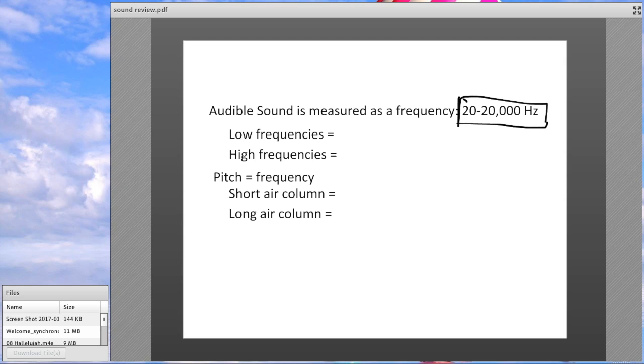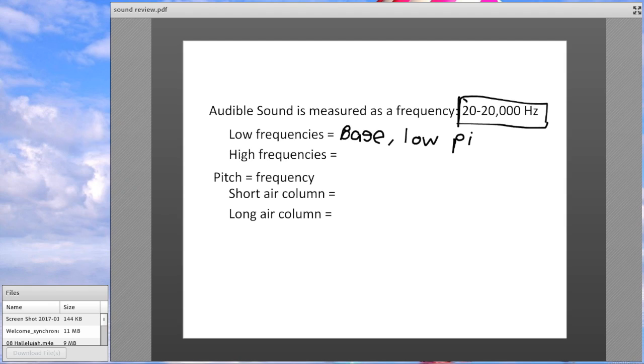Then we can talk about frequencies. Audible sounds are frequency. Pitch is your frequency. So, for example, low frequencies, like if you sing bass or an instrument with a really low pitch, that's going to be a low frequency.